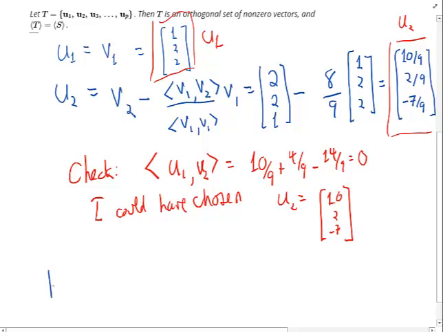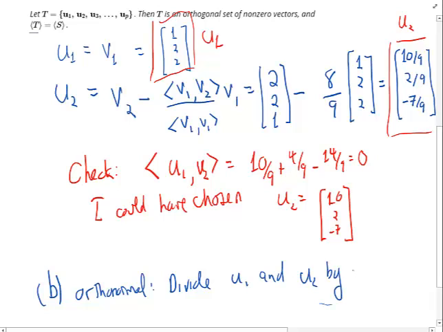Part B is asking for orthonormal. What that means is you have to divide u1 and u2 by their norms.